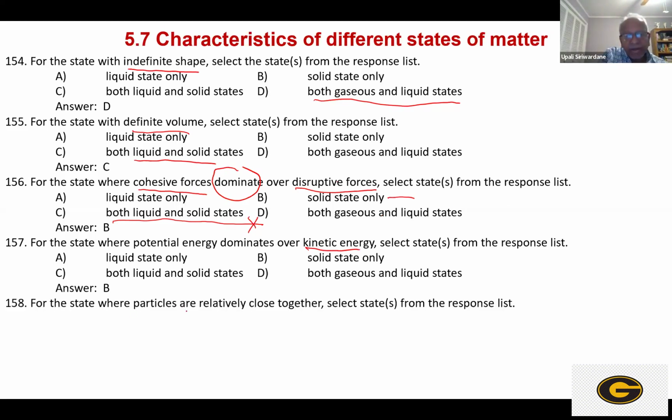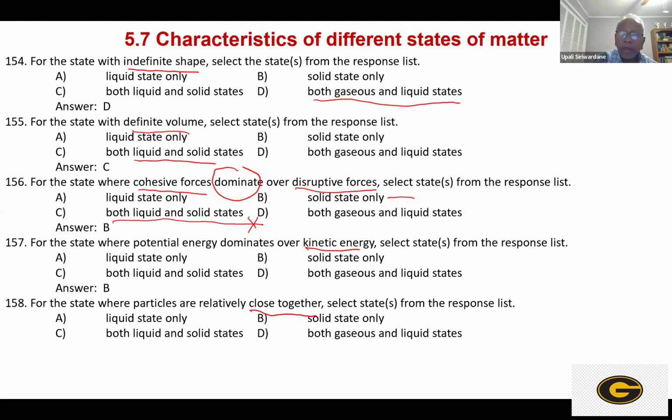For the state where particles are relatively close to each other, it could be solid and liquid. So which one is relatively close together?